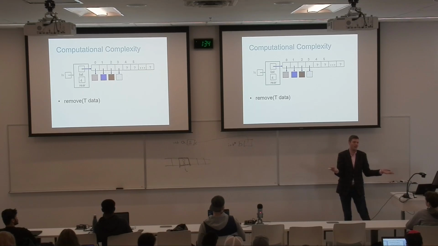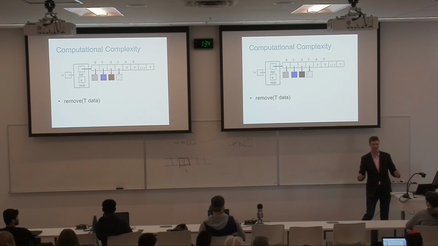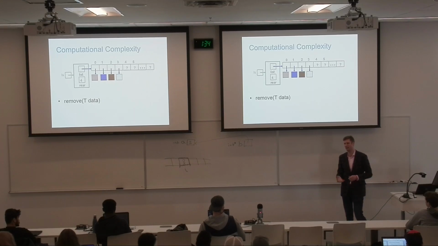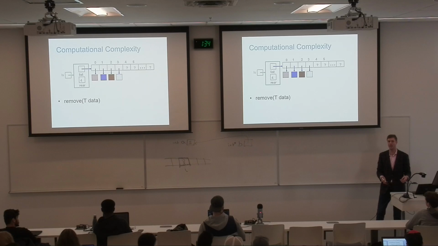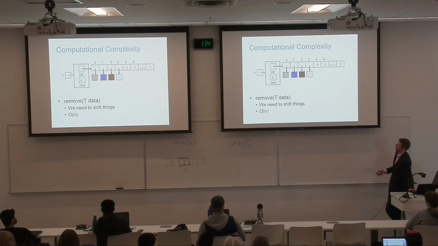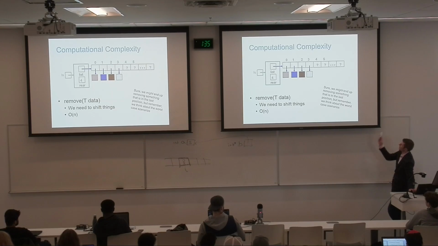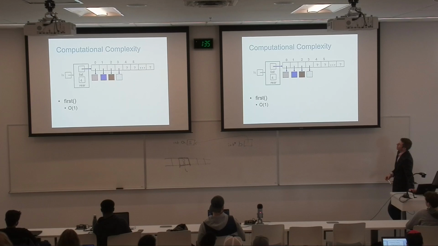On average, somewhere in the middle. We got to do a linear search. On average, who knows where it's going to be? It's going to be linear. I mean, maybe you could say it's like half of n. But what do we do with coefficients? Forget it. We need to shift things, order n. Sure, we might end up with everything.